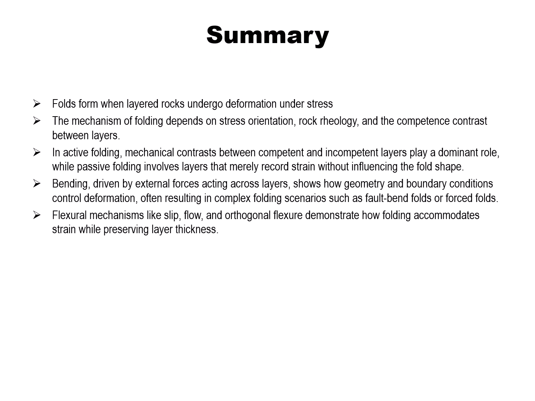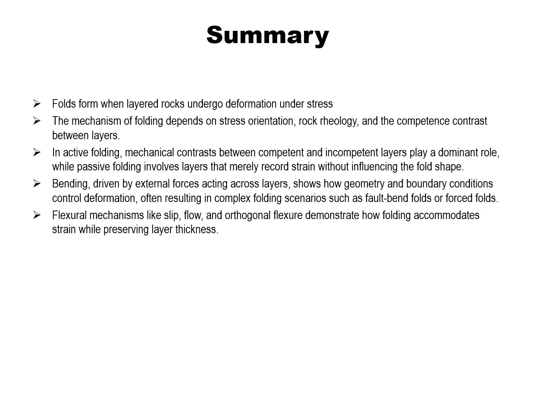Flexural mechanisms like slip, flow, and orthogonal flexure demonstrate how folding accommodates strain while preserving layer thickness. Especially flexural slip and flexural flow folding are dynamic models depending on the rock brittleness or ductility.